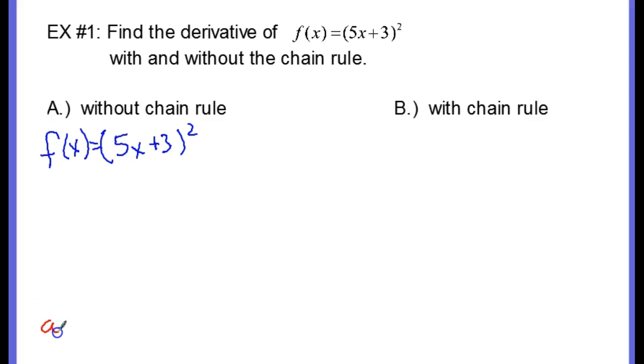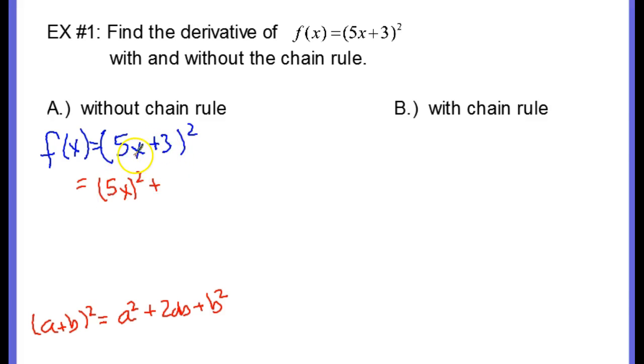I'm going to use the perfect square trinomial formula. A plus b quantity squared is equal to the first one squared plus the product of the two doubled plus the last one squared. And so here f of x becomes 5x quantity squared plus the product of the two doubled.